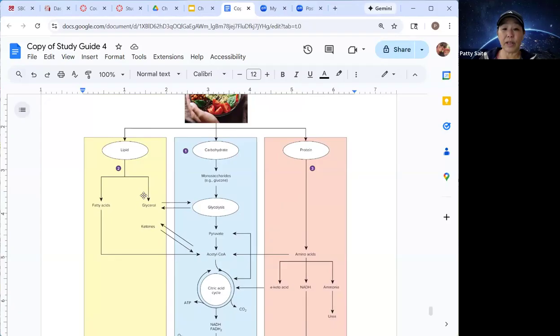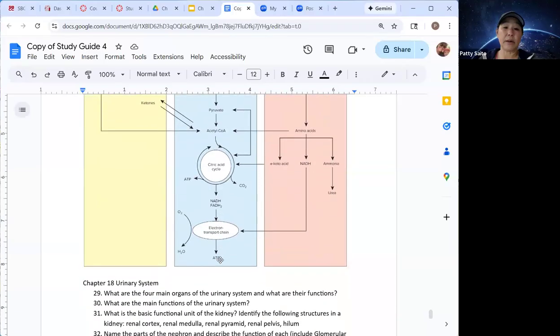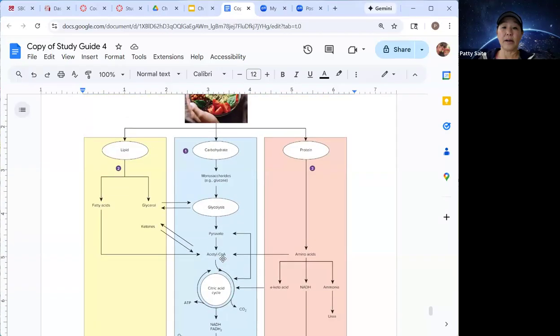Lipids fit in different places within these pathways, these reactions. And so understanding how they fit into the production of ATP, because that's the goal, is to make ATP, right? And so this is where these fit in.